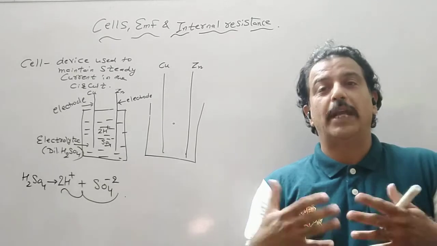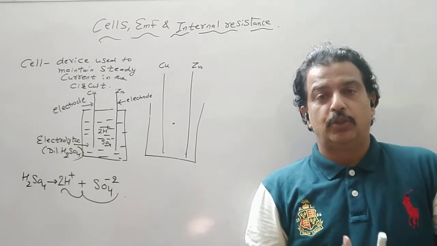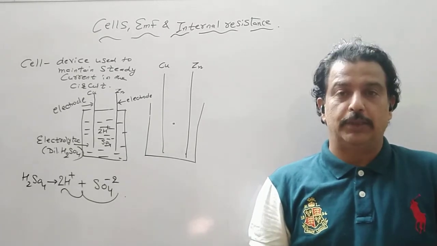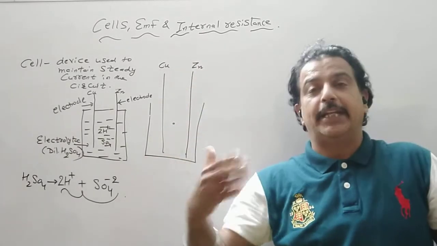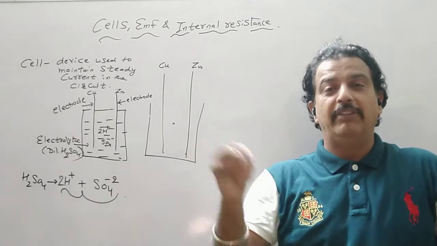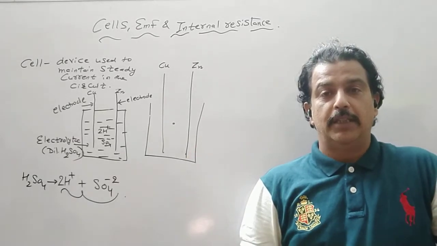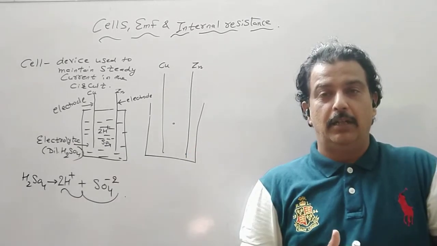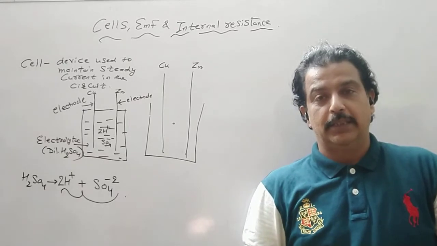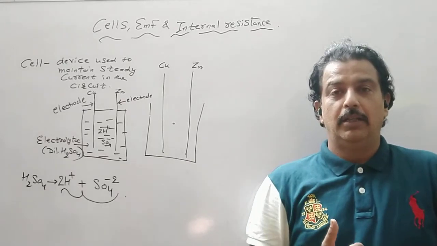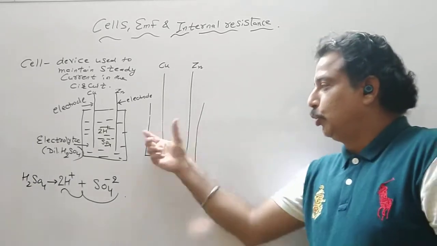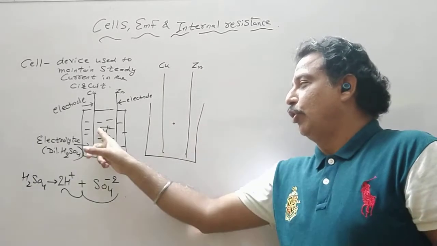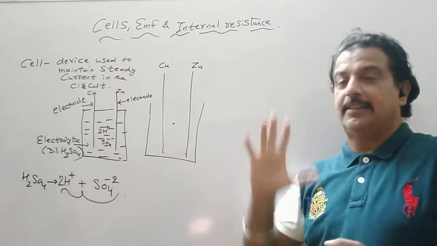So it has more ability to give up the electron. So the metal which has more electronegativity, meaning more valence electrons as compared to the other metal, will lose an electron, and the other metal will gain an electron due to the motion of the ions inside the cell.